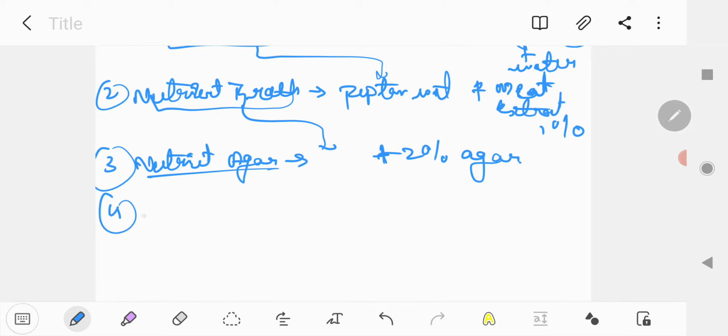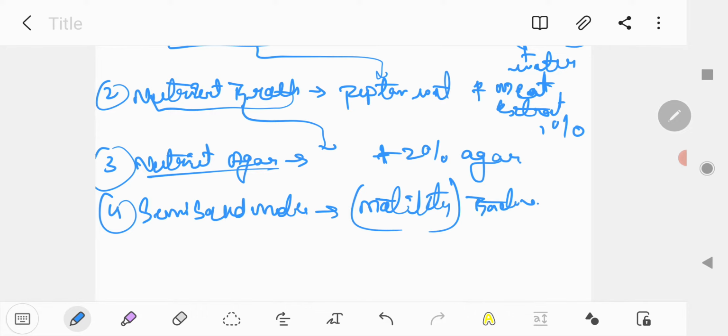And the fourth one, which is semi-solid media. It is for the bacteria which can move or which have the motility. So basically used for the bacteria which can show motility.